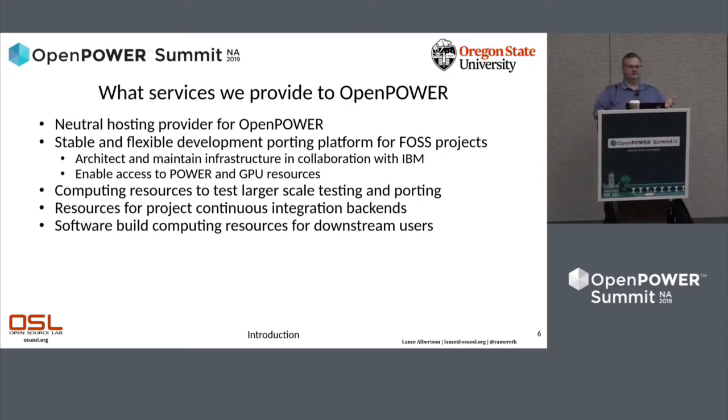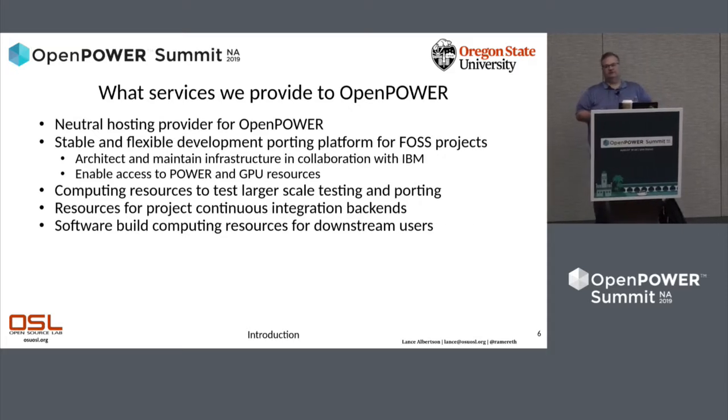So what do we provide specifically to OpenPOWER? We provide that neutral hosting provider for projects that have access to that platform. What we strive to do is create a stable and flexible development environment for projects to be able to port their software to OpenPOWER.